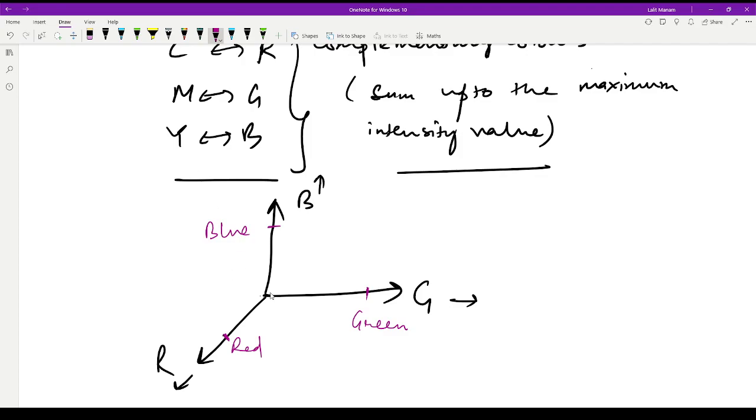Based on this, we can try to get a cube in this specific case. What do you think would be this point?